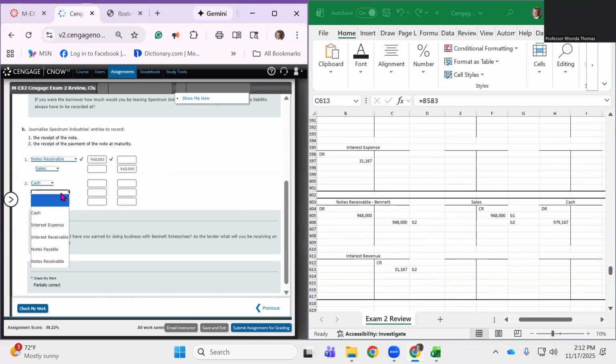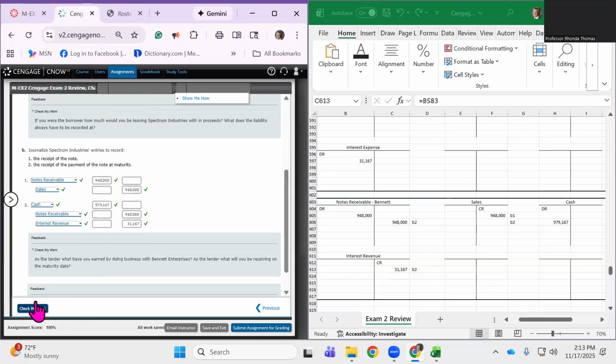So get rid of the note receivable for the full amount, and the interest revenue. What is revenue on one side is interest expense on the other. But it does all have to jive. 979,167. Okay, I think that's it.